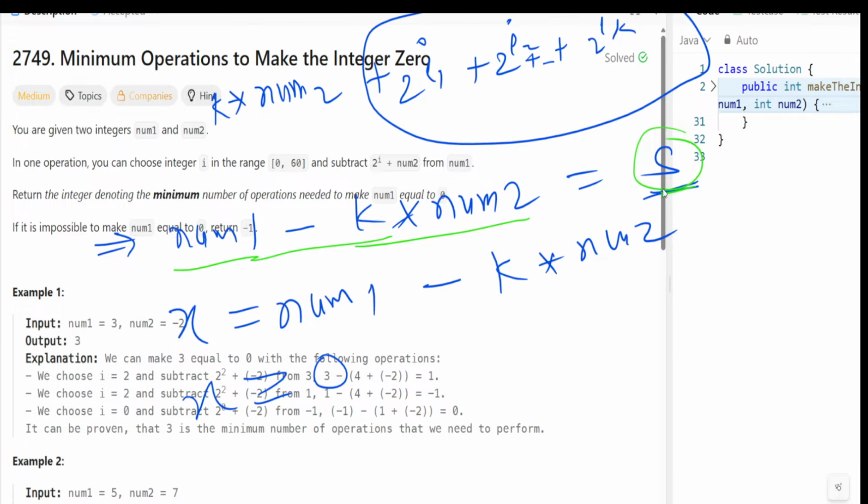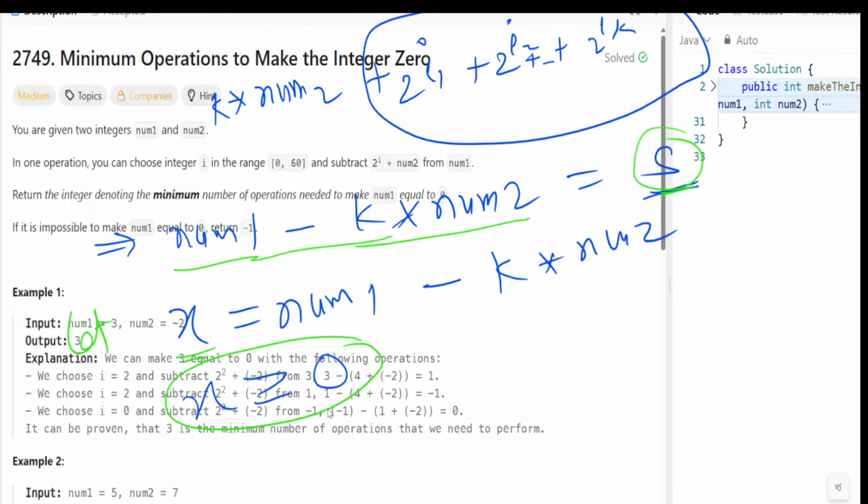And powers may repeat. Okay, so let's talk about x. Let x be equal to num1 minus k into num2. Then x must be greater than or equal to 0, because we can't represent a negative sum of positive powers of 2.